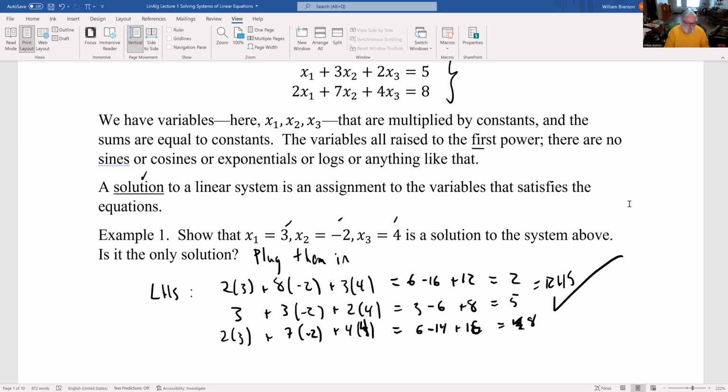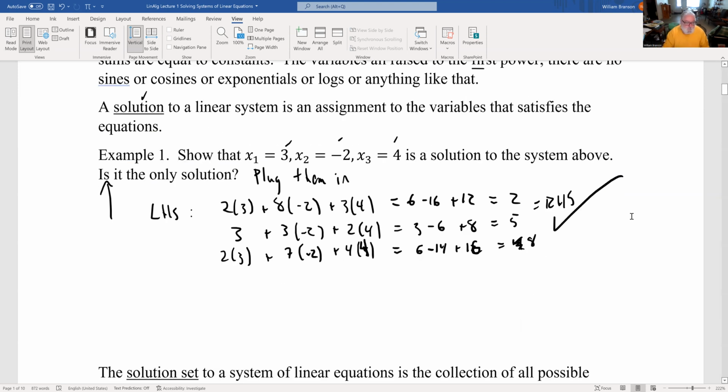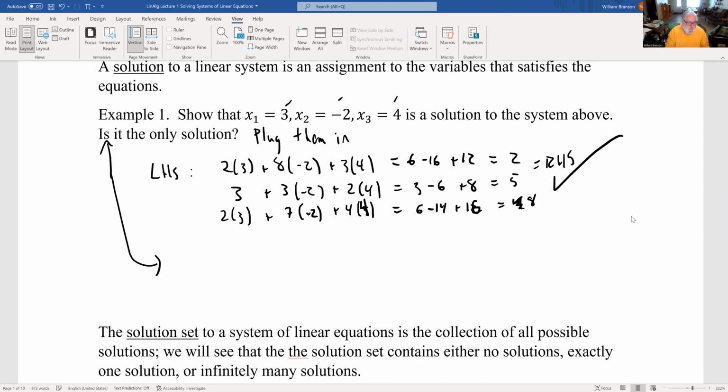Is it the only solution? We don't know at this point. We do not have an existence and uniqueness theorem for linear systems like we had for differential equations. We know that if you have a differential equation, you plug in the function and you show it works, then that has to be the only solution. But here we don't know that because we don't have any kind of existence and uniqueness theorem.